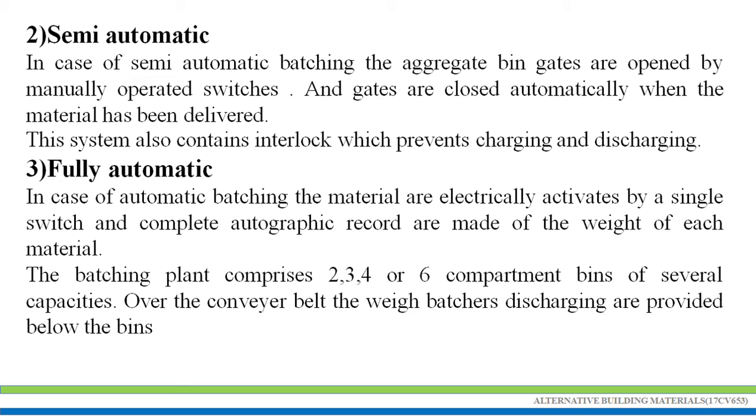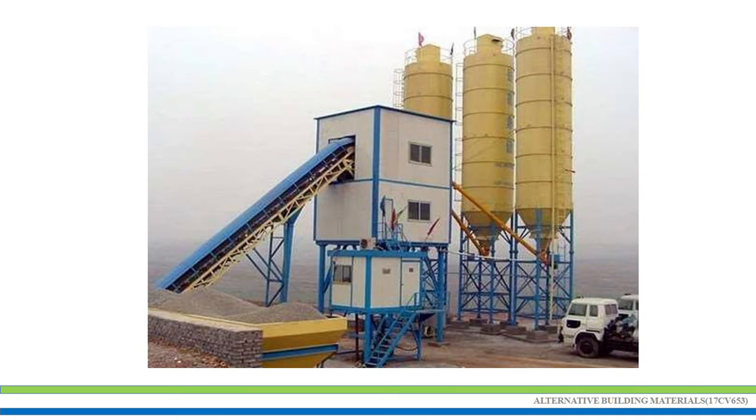There will be different compartments, either 2, 3, 4 for different materials, and the material is discharged or passed with the help of a conveyor belt. That is called fully automatic, usually present in ready mixed concrete. There will be compartments or silos for the collection of material.